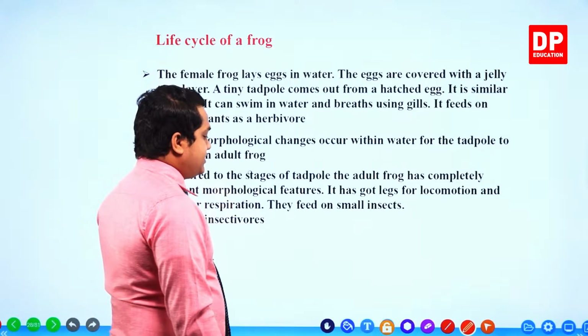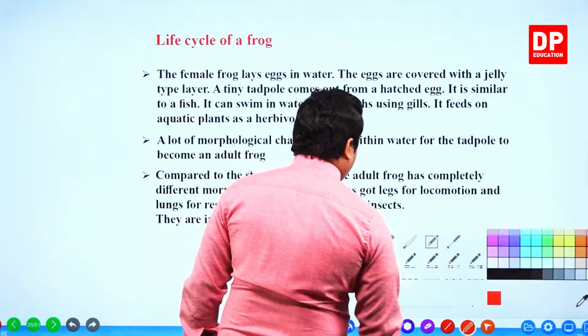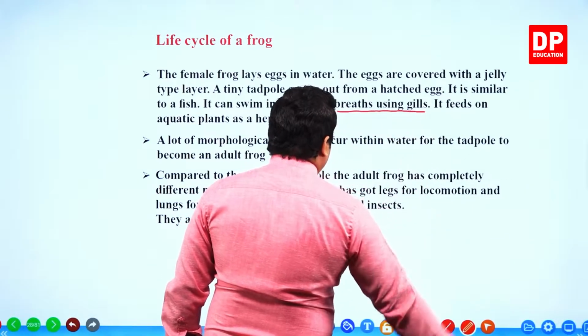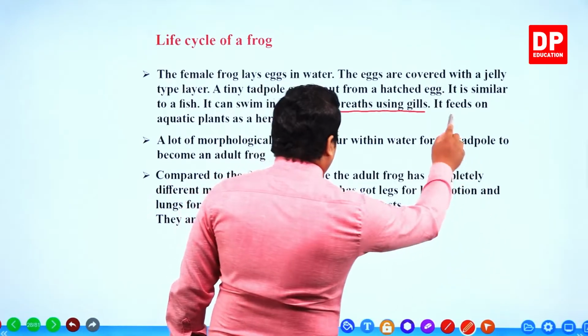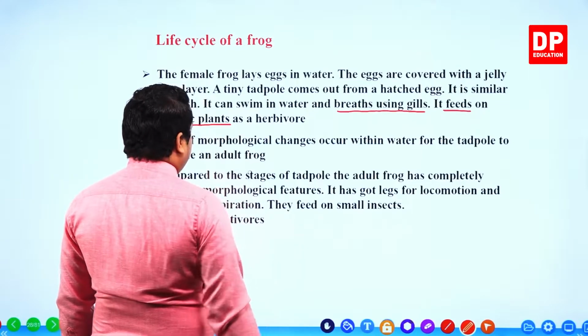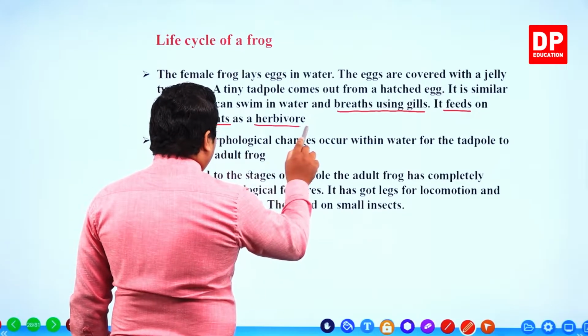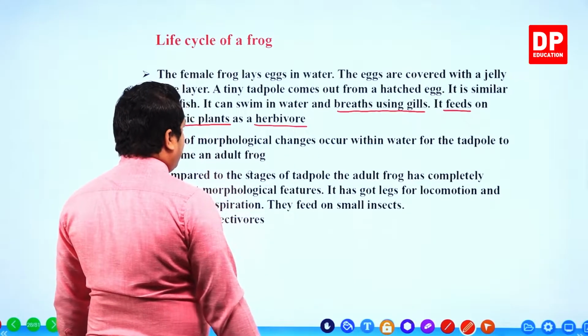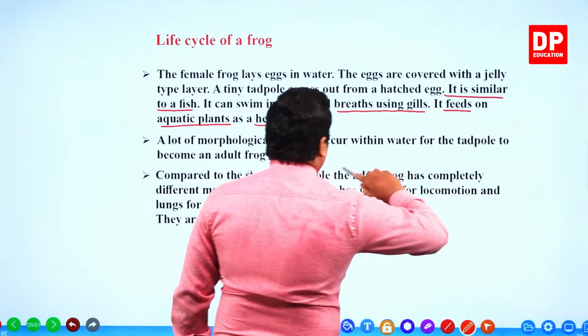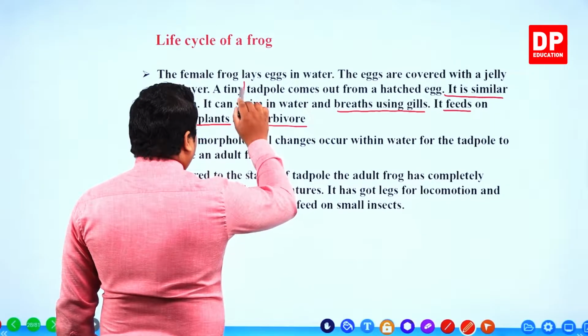So my dear children, let's see the key things which are given here. Breathe using gills. Feed on aquatic plants. And it is a herbivore. Similar to a fish. This is about the tadpole.